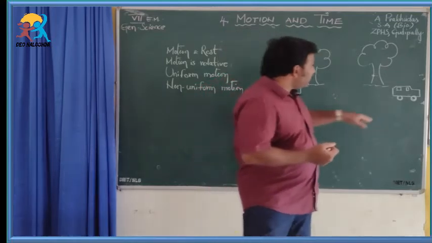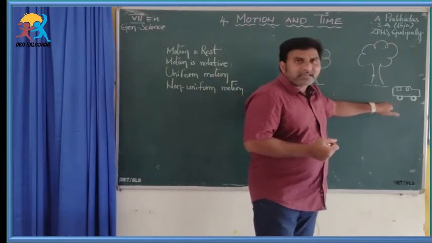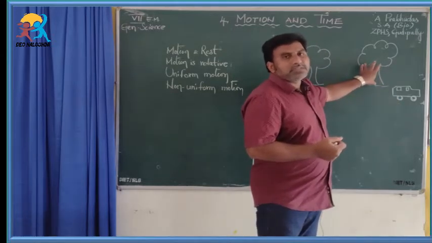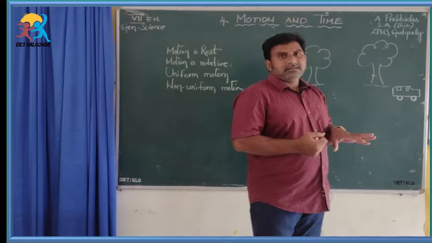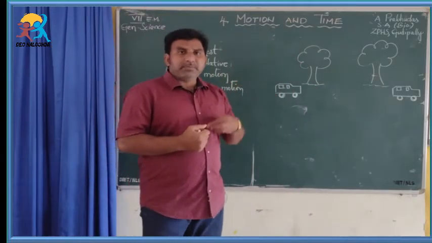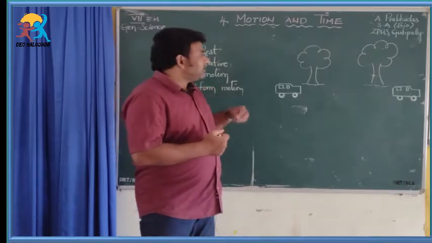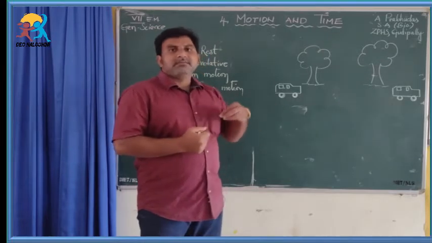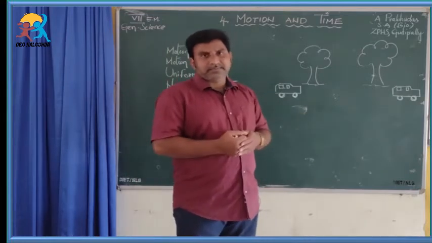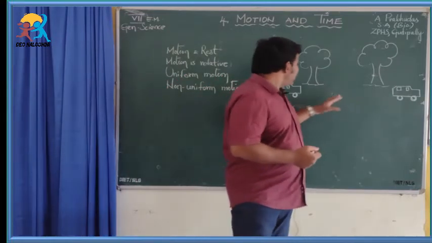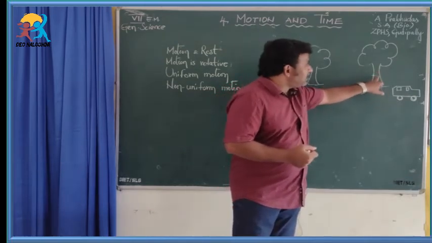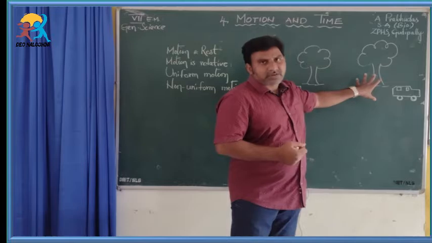Here I can say that the car is moving with respect to the position of the tree. So, I can give you the definition. Motion is a process in which a thing moves with respect to the other things in the surroundings. In this example, the car is moving with respect to the position of the tree in the surroundings.